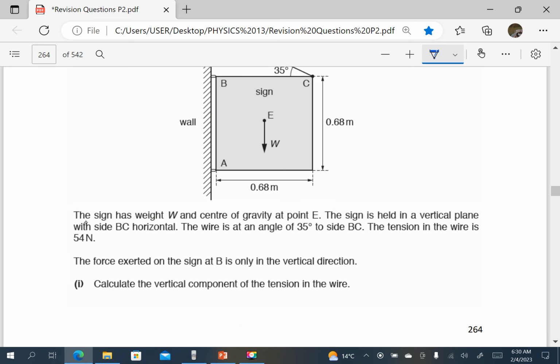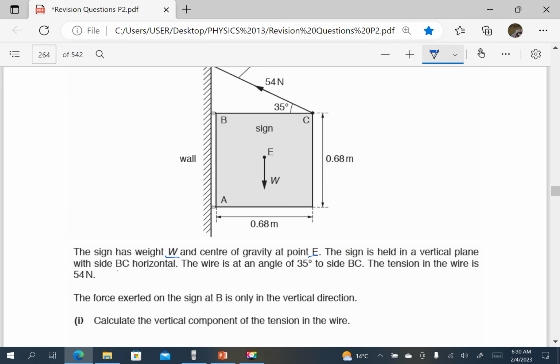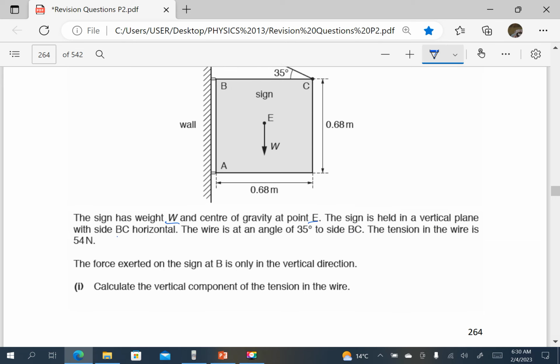The sign has a weight W and a center of gravity E. The sign is held in a vertical plane with side BC horizontal. The wire is at an angle of 35 degrees to side BC.